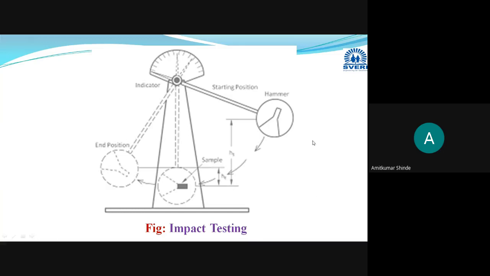Here we are calculating the potential energy at the initial stage and at the end stage, and we are just measuring the loss in energy of that particular pendulum or hammer, and that value will be given as the tensile impact energy. Okay, and why is it termed tensile impact energy?